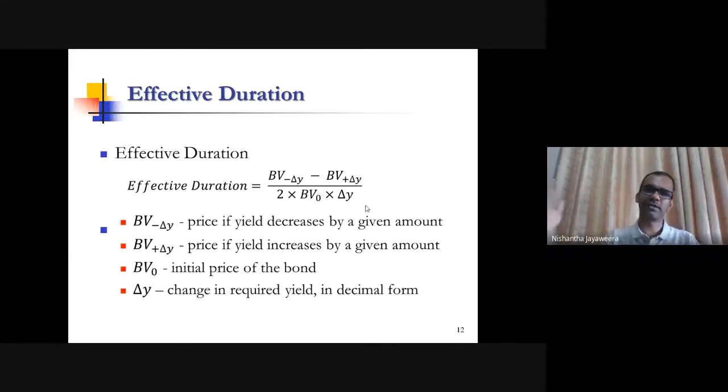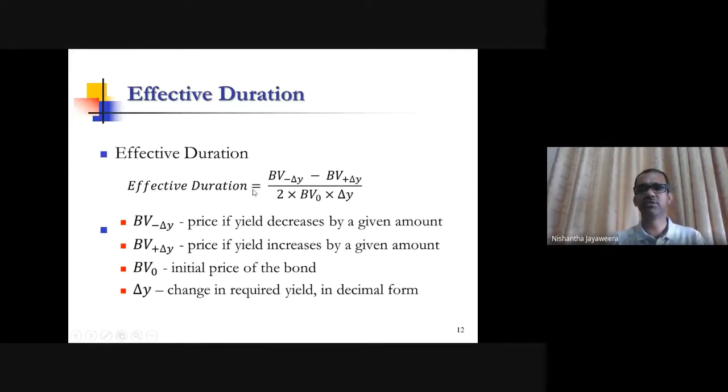You don't wait until maturity, so you cannot calculate yield to maturity, and for that reason effective duration is used. But we can use this for any other bonds to approximate the duration.